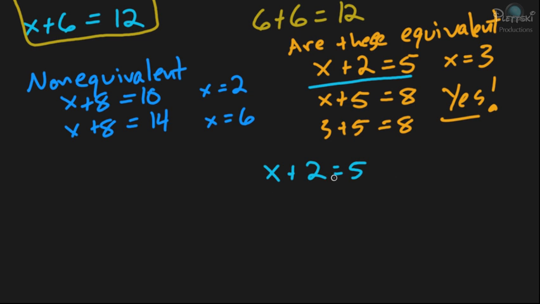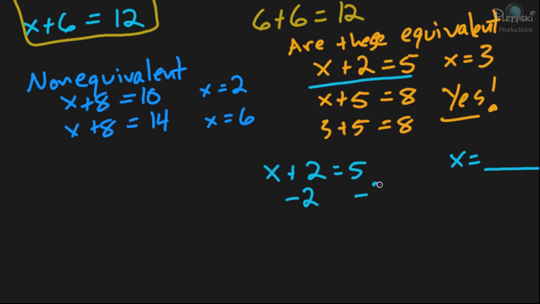Okay, so x plus 2. Now, if I want to solve for x, that means I want to get x equals something. So I want to get x by itself. The way I can do that is subtract 2. But if I subtract 2 from this side of the equation, I need to do that to the other.